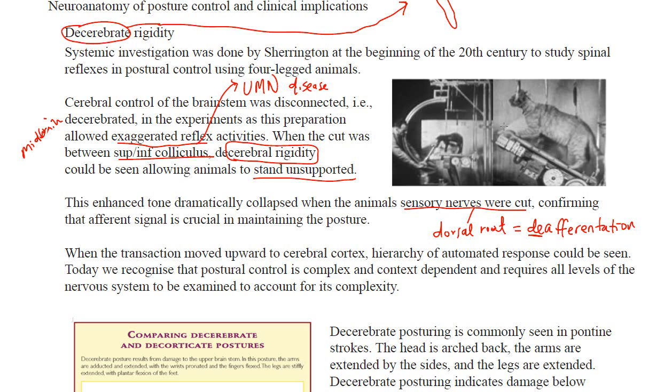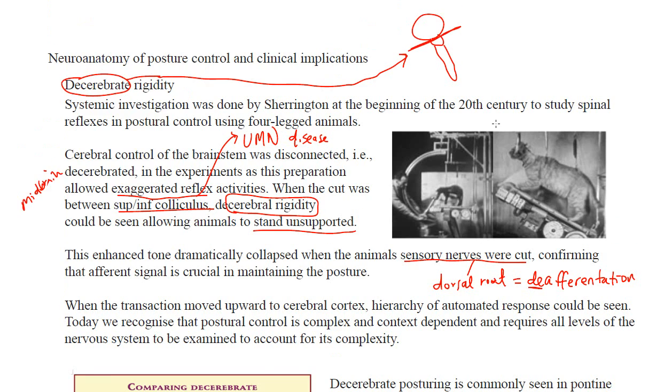So when all the information from the sensory, the cutaneous sensation or proprioception and so forth, was cut, let's say this is the input towards the spinal cord, and this will cut through the dorsal root, then the cat showed collapse in posture, which meant sensory signal is crucial for this postural circuitry to be operating.